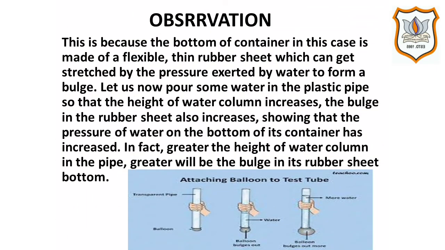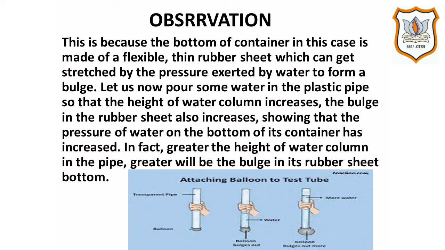An observation of this activity is, this is because the bottom of the container in this case is made of a flexible thin rubber sheet which can get stretched by the pressure exerted by water to form a bulge.